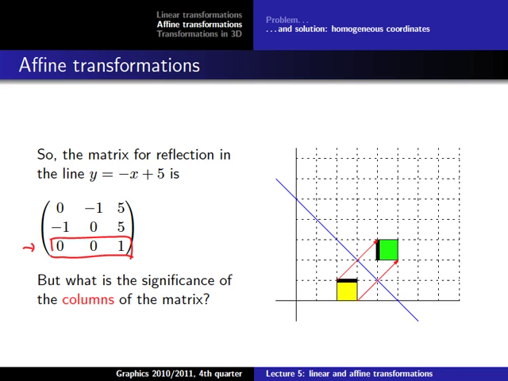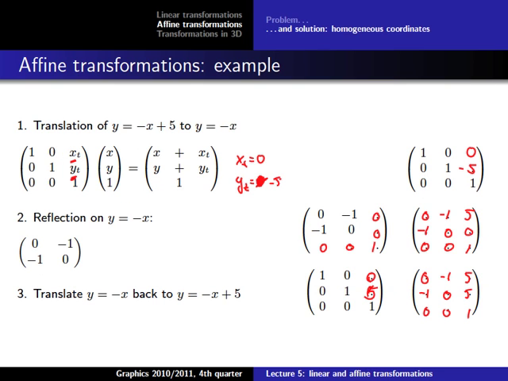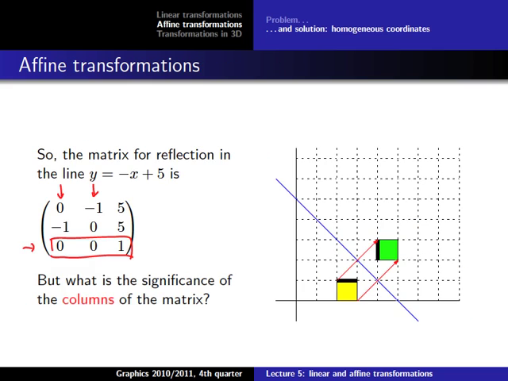And if you look at these here, these are exactly the images of the base vectors under the linear transformation. So this is exactly this reflection here, which is again the images of the base vectors under this linear transformation. So once we have moved it and then do the linear transformation, these are exactly the vectors that we get. So these are exactly the columns in this matrix here.